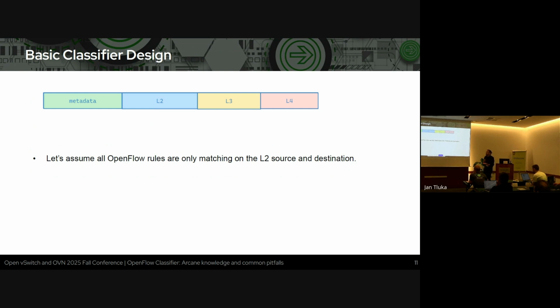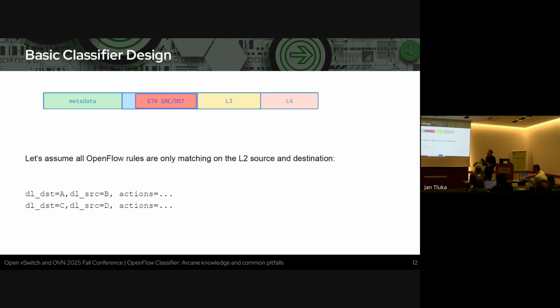Let's make an experiment. Let's say we only match on L2 source and destination in our OpenFlow rules. They look somewhat like this. We match on MAC addresses, source and destination, and execute some actions. So those land in the L2 part of the struct flow.